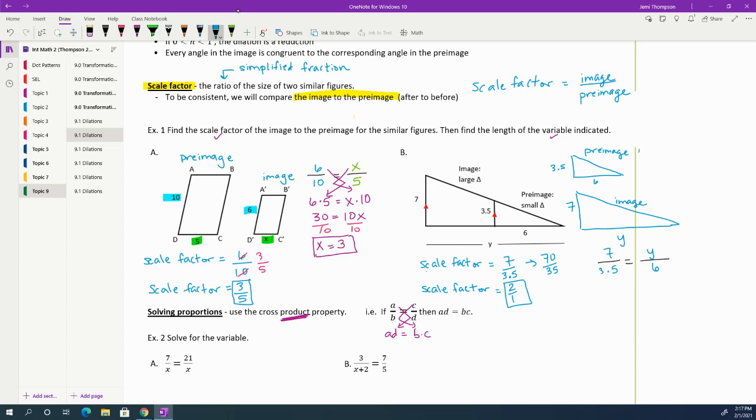Setting up the proportion is the most important part of this problem. So pause and check it out. Make sure it makes sense to you. Again, if you were to take the reciprocal of one of these fractions, if you had written the top on the bottom and the bottom on the top, it would give you the wrong answer.